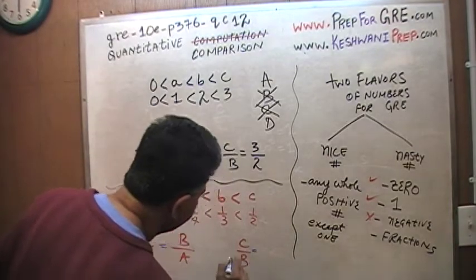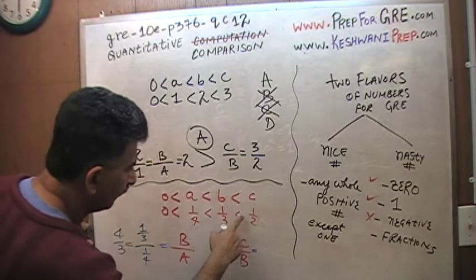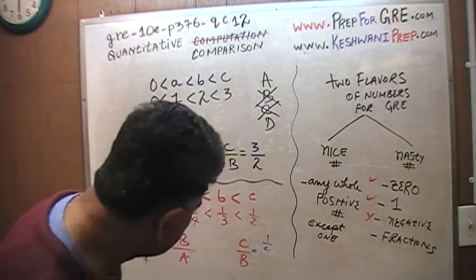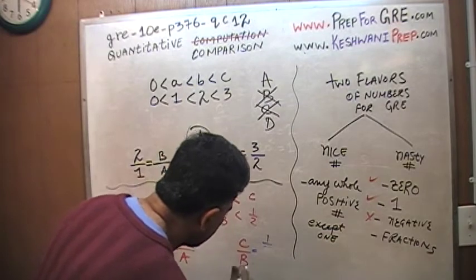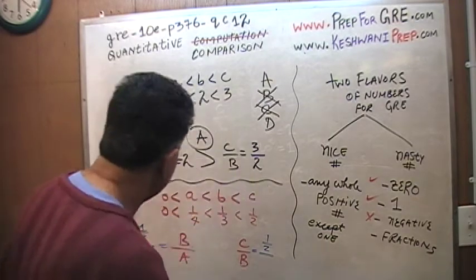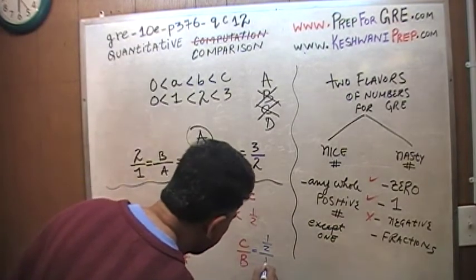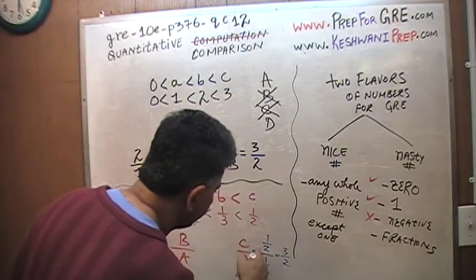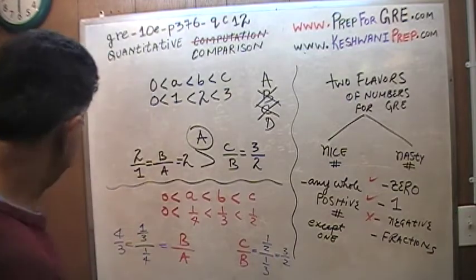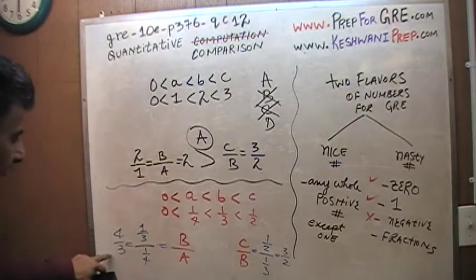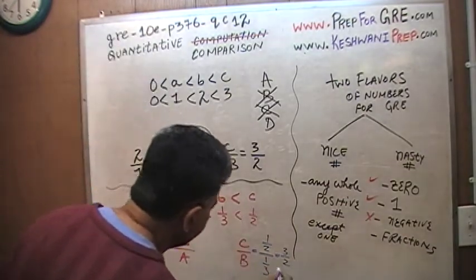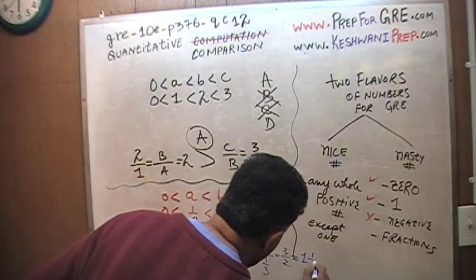Similarly, C is 1/2 and B is 1/3. When you manipulate it, you end up with 3 halves. So we have 3 halves and 4/3. This is 1.5.